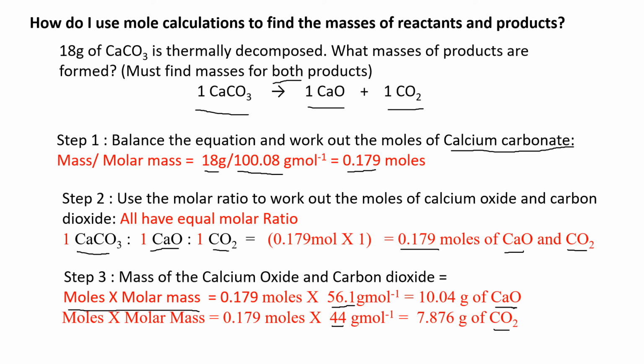Now look at these two numbers: 10.04 and 7.876. If you add these two numbers, that gives us a total of 18 grams, and that is what we started with for calcium carbonate. So this in a way provides evidence that this equation is balanced.